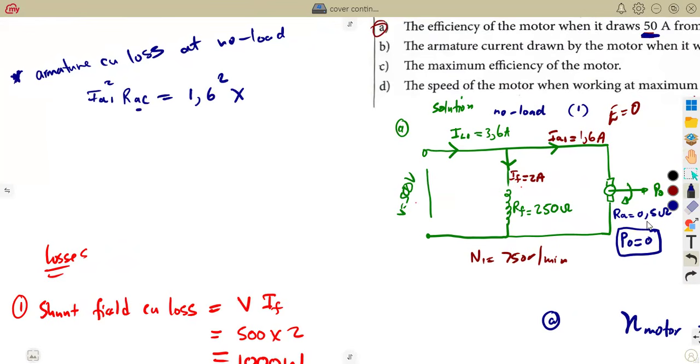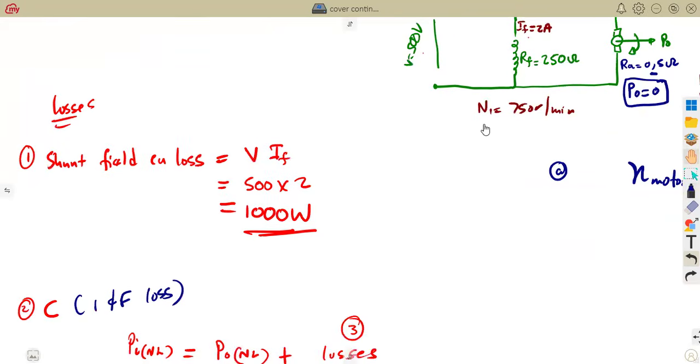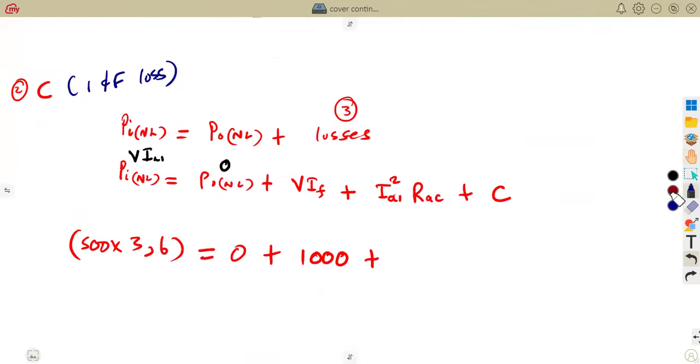The resistance of the armature circuit, remember, we calculated from the part that we're given, and we obtained 0,5. So that's it. This was going to give us 1,28 watts, at no load. We have that part of the armature copper loss. So this one, we calculated. We got 1,28.